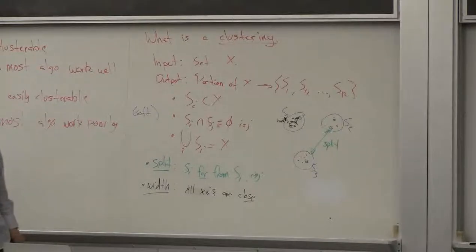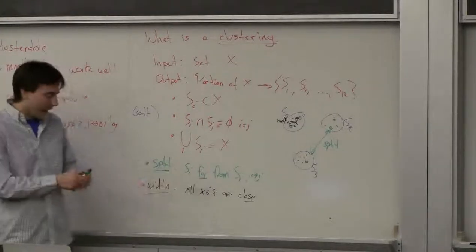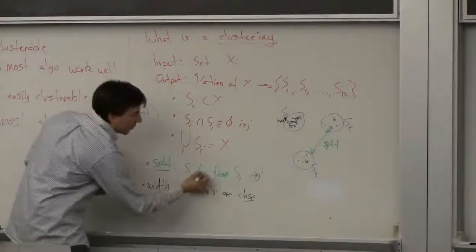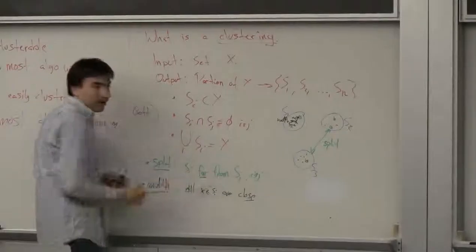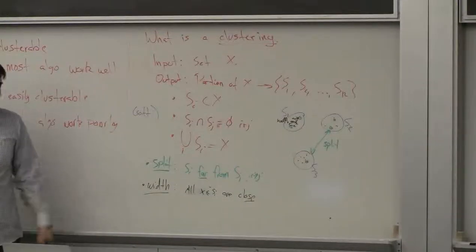Okay, so we're getting a little bit closer to an answer, but I haven't really defined precisely what's going on here yet. I said I want each cluster Si to be far from every other cluster Sj, but I haven't told you what it means to be far.